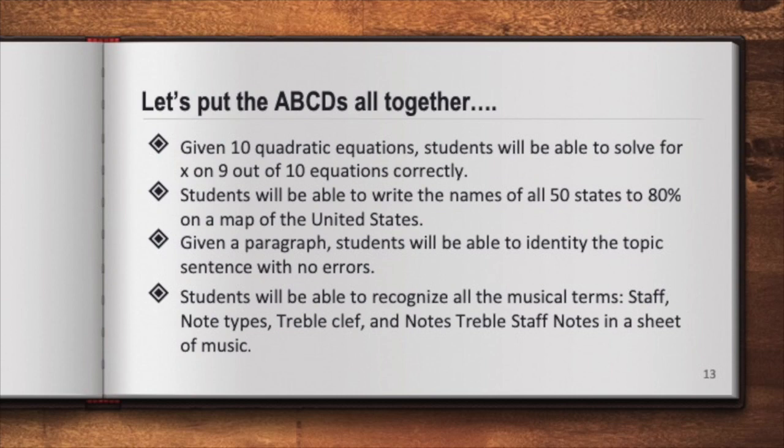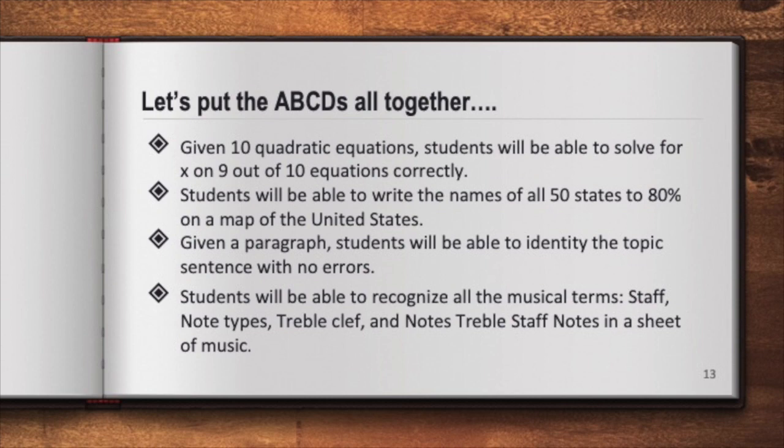The next one is, given a paragraph, students will be able to identify the topic sentence with no errors. Given that is your condition, students will be able to, audience, identify. Well, what are they going to identify? The topic sentence. That is their behavior. And then the degree is no errors.